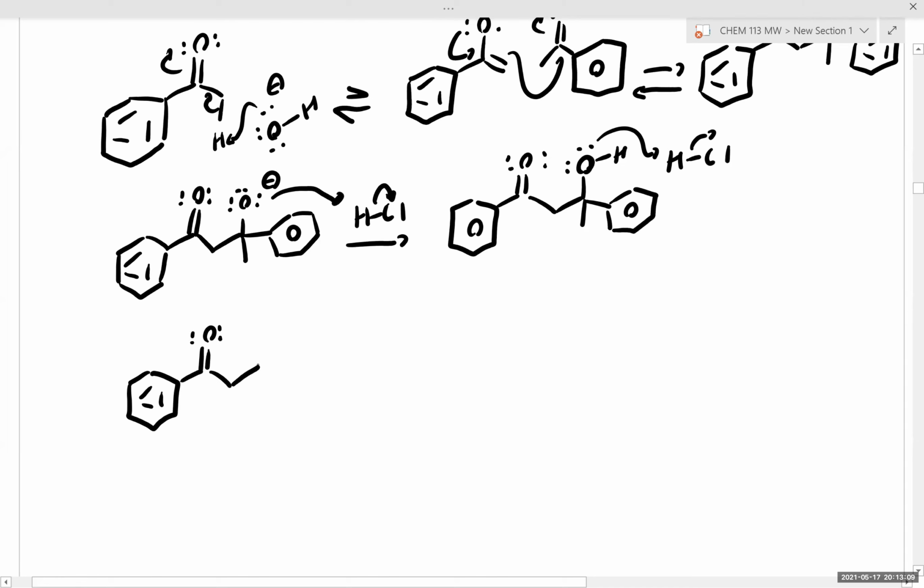Now, we have this protonated, highly substituted benzylic alcohol. So would it be easy or difficult for us to eliminate this alcohol? Is it relatively easy or difficult to eliminate this benzylic alcohol?